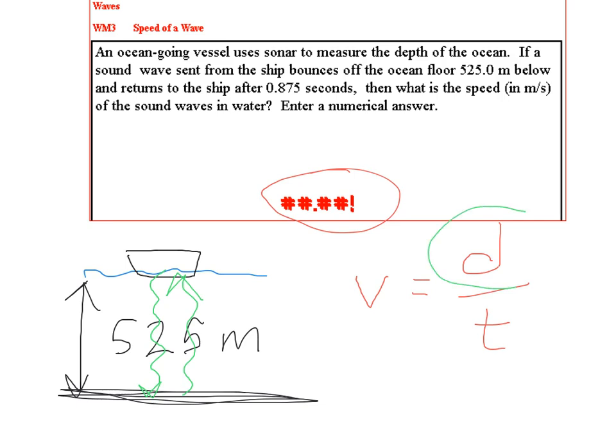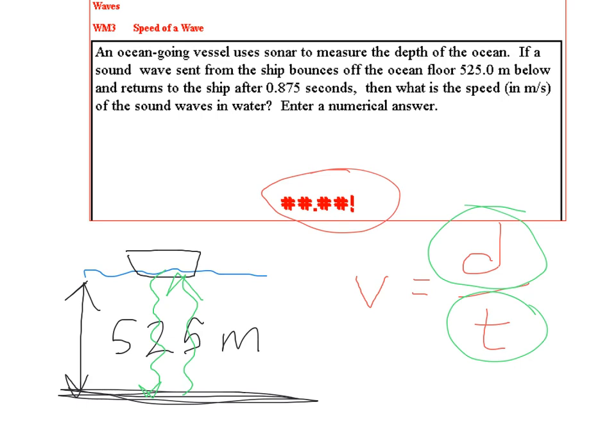So that's what you're going to put up here for D. And the amount of time it took was what they described as 0.875 seconds. That goes there. So you would divide those two on your calculator, round off to a reasonable number of digits. I would suggest maybe 4 is safe, and type it in that way, decimal places if you need it, and enter that as your answer, and that will be your speed in meters per second.